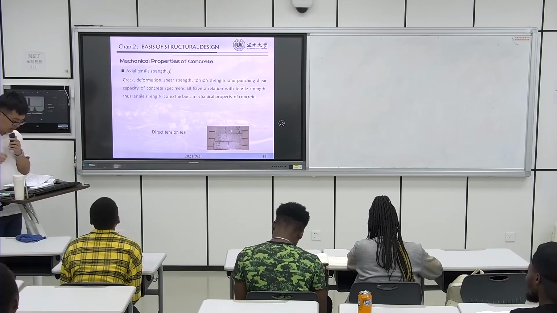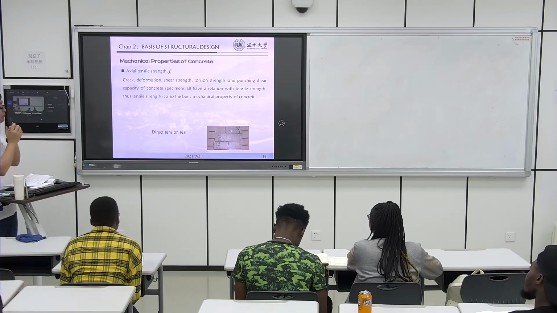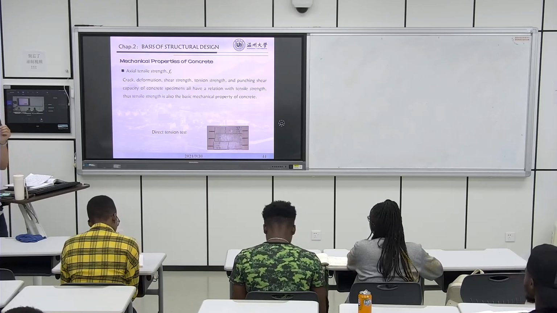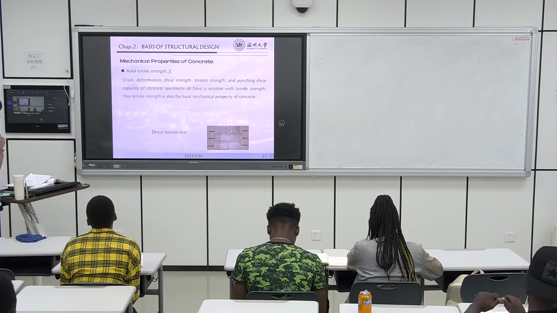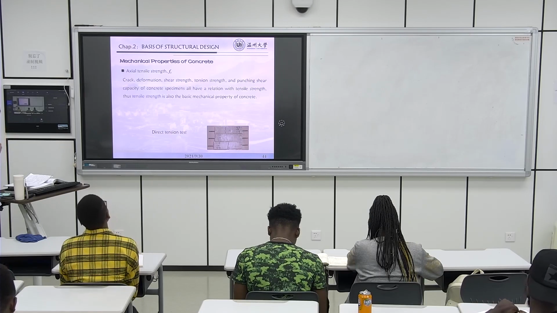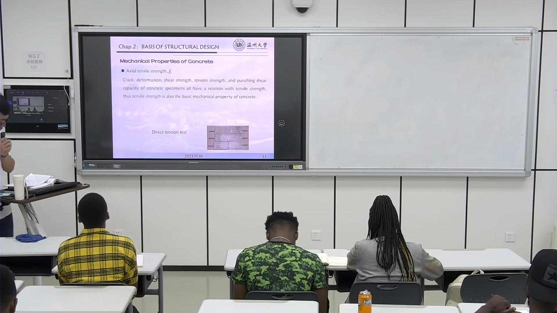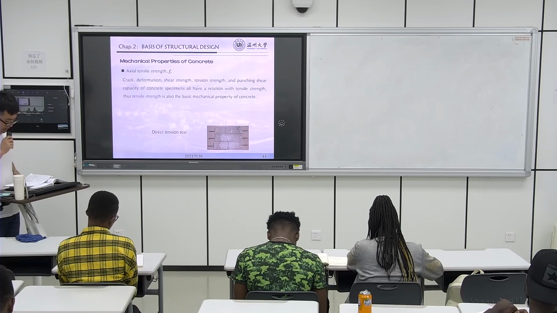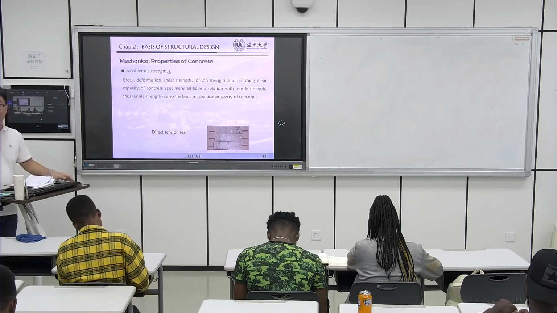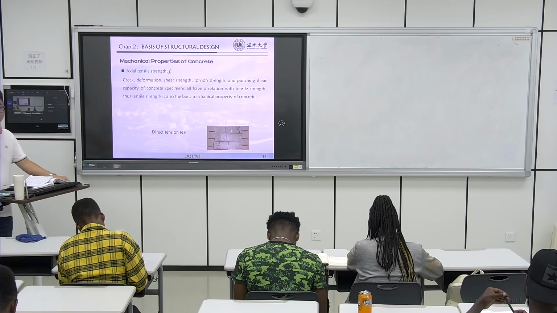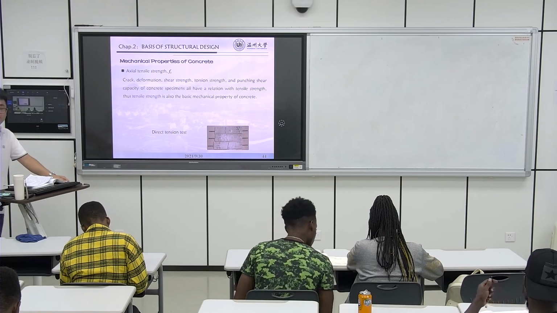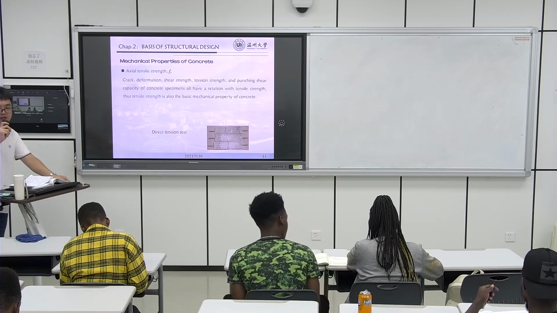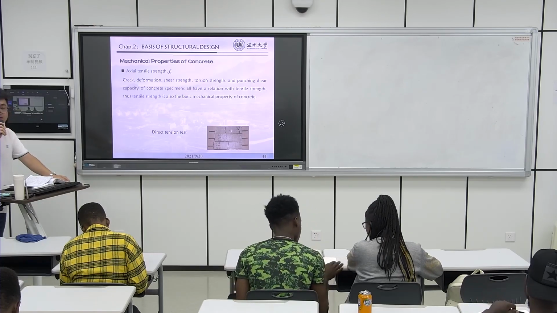So let's talk about what we learned before, at the first part of our class today. In the previous class, I introduced three strengths, right? Three strengths: the cubic compressive strength, the prism compressive strength, and also the tensile strength.